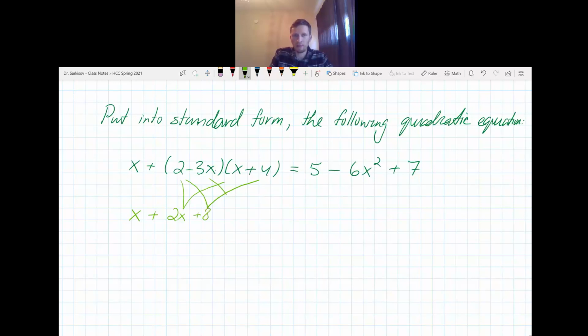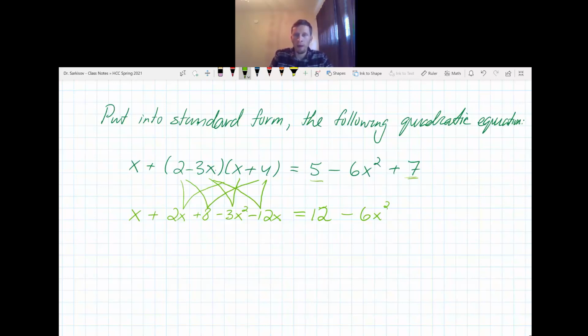What's a minus 3x times an x? Minus 3x squared. What's a negative 3x and a 4? That's a minus 12x. And all of that is equal to 5 plus 7, that's a 12, if you see that, right? And minus 6x squared.